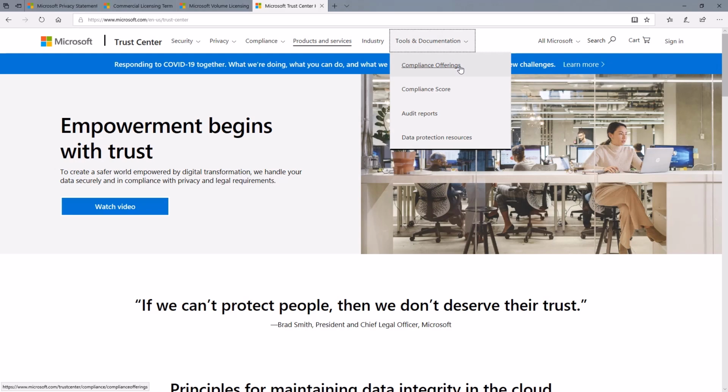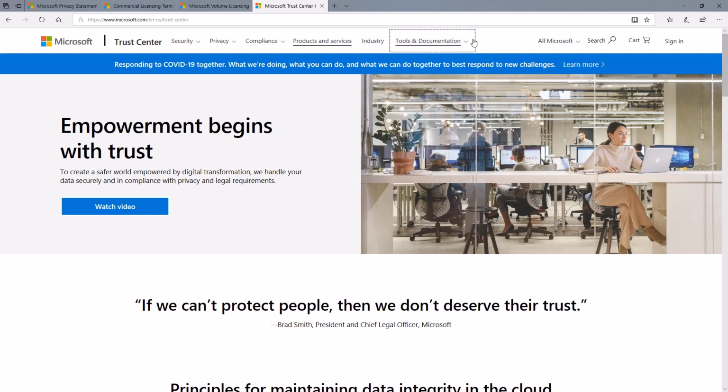This includes compliance offerings, compliance scores, and audit reports, and you can use these to create blueprints for your compliance needs. So the Trust Center, it includes in-depth information, resources, and links about security, privacy, compliance, and tools and documentation, plus gateways to products and services and industry.